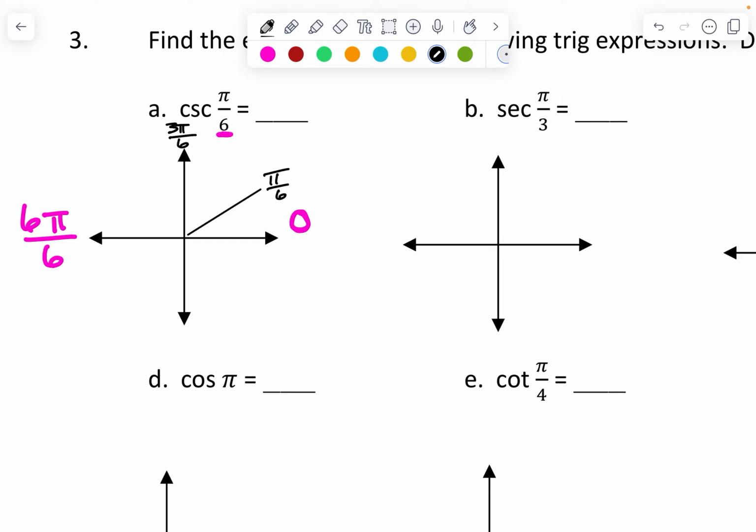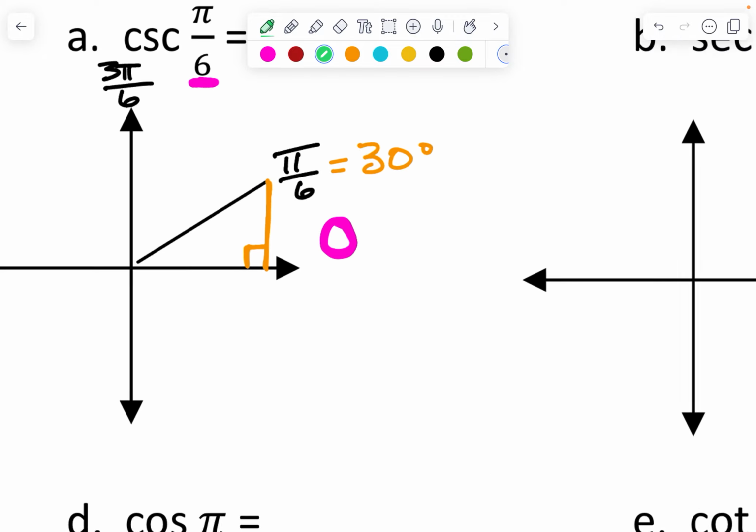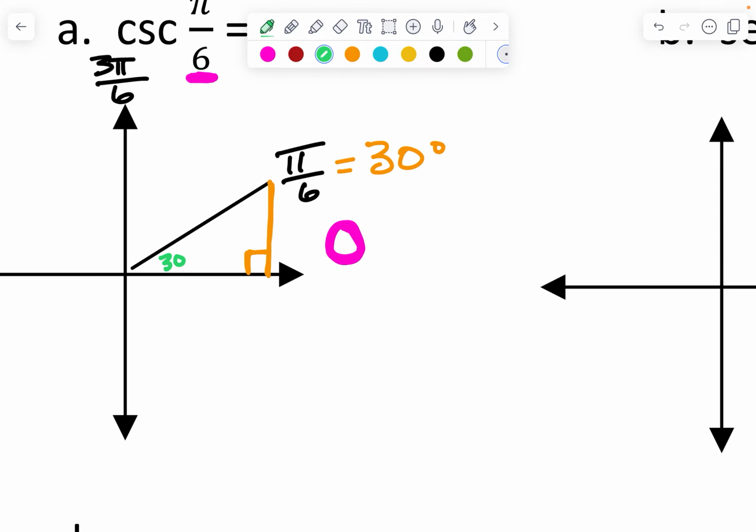Now we're looking for the cosecant of this, so we need to go ahead and drop a line straight down, perpendicular to the x-axis. And again, the reason it's helpful to know your radians as degrees is because I can quickly say, oh, pi over 6 is 30, which means this triangle is a 30, 60, 90.